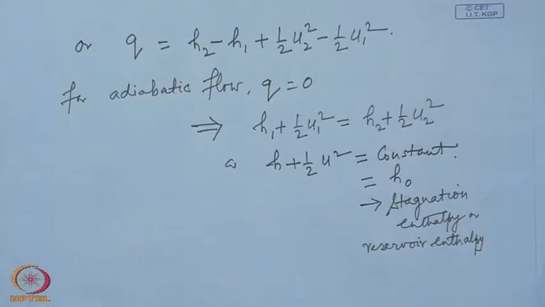That is the enthalpy when the flow velocity of an adiabatic flow becomes 0. That is, if the flow is brought to rest adiabatically, then the total energy or total enthalpy of the system is known as stagnation enthalpy or reservoir enthalpy.